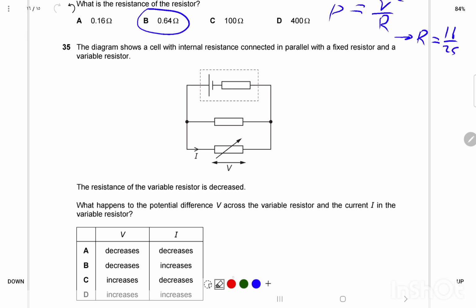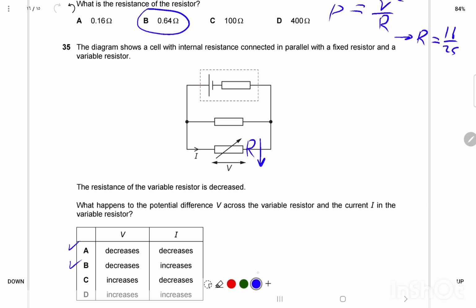So let's see what happens here. The resistance of the variable resistor is decreased. So here you have R has decreased. When the resistance decreases, it will take less share of the voltage. This means the voltage will decrease. Option A or B will be the correct answer.